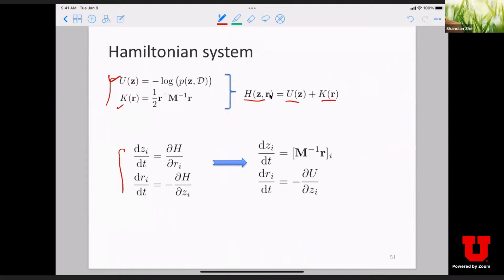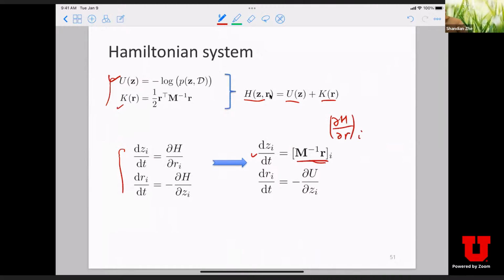Here is the ODE that governs the evolution of the Hamiltonian system. The change rate of each position Zi is the derivative partial H over partial R, and taking the element i gives you M inverse R, the ith element.